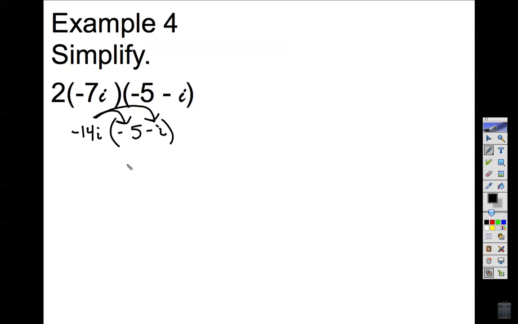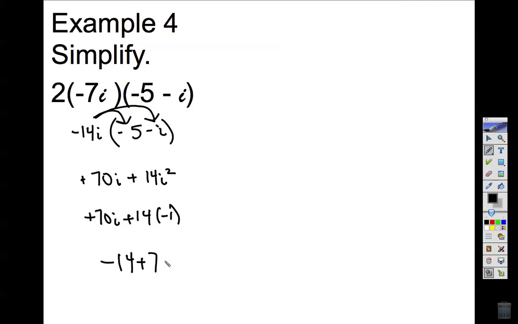Negative 14 times negative 5 is positive 70i, plus 14i squared. Again, i squared is negative 1, so positive 70i plus 14 times negative 1. So all this becomes negative 14 plus 70i. And that is our result.